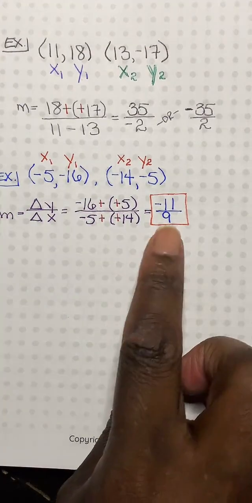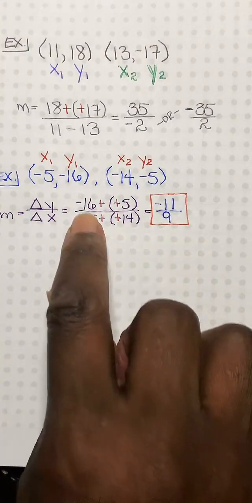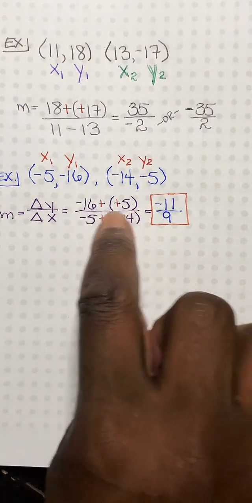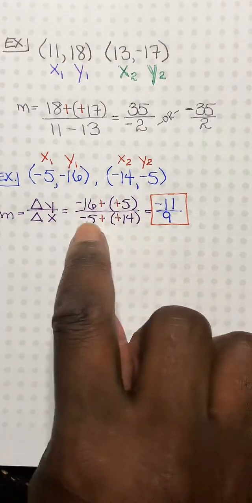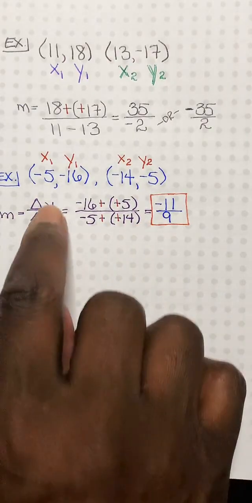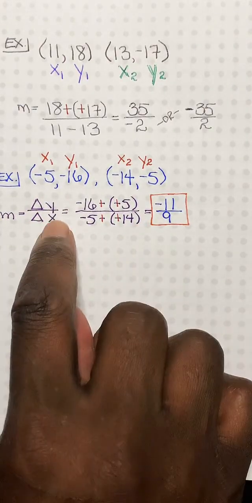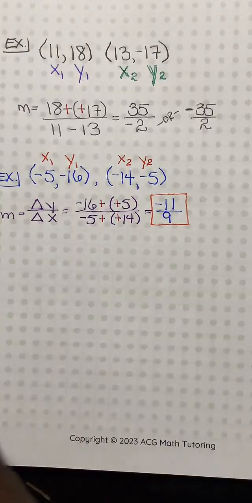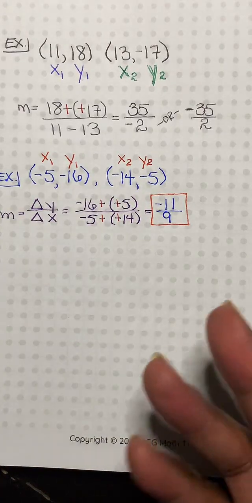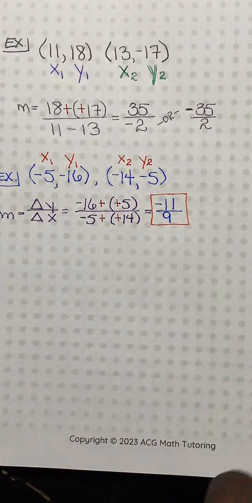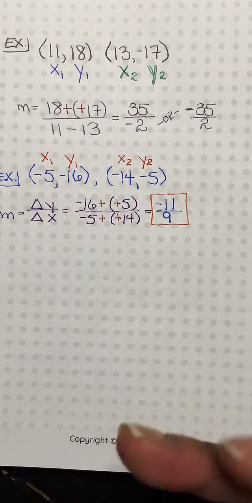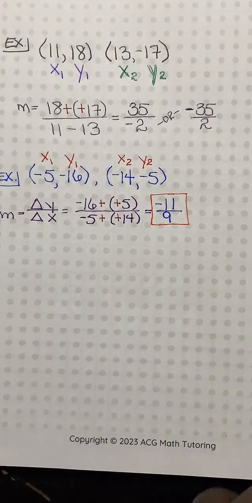Yep. So that's what you're doing. Remember, the difference of your y's over the difference of your x's. This whole concept of y over x is also going to follow you into Algebra 2. It'll follow you into geometry, pre-calculus, and calculus if you get that far.